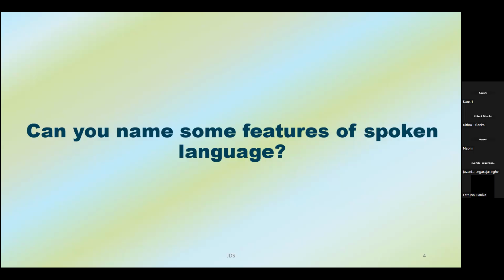You call it the false start, right? So in speaking, it's possible to have false start. Once you start the topic and suddenly you realize it's not something to be told, immediately then and there we divert it. But that is not possible when it comes to the writing skill.